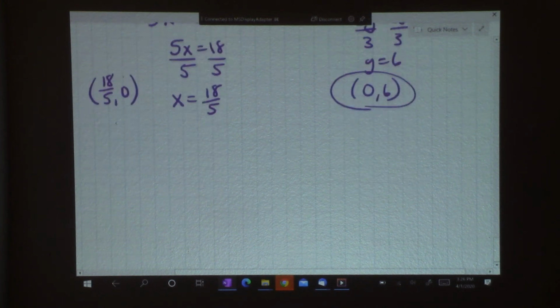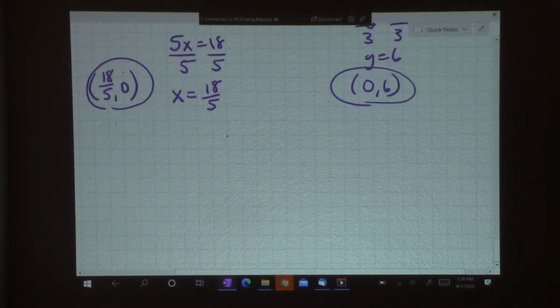Okay, so I have my 2 intercepts, and I'm going to graph. Now, 18 fifths is the same as 3 3/5. So that's a little more than 3 1/2. So that's going to be 1, 2, 3, and a little more than half.